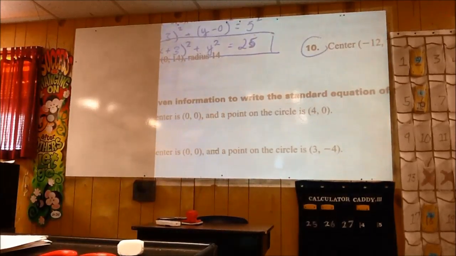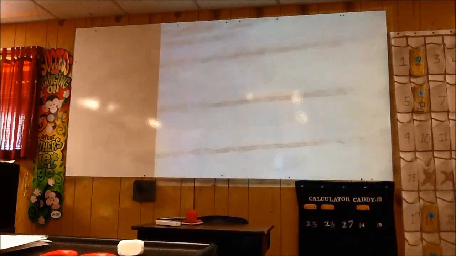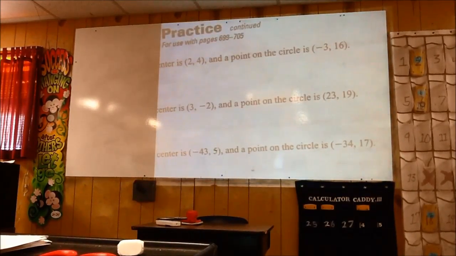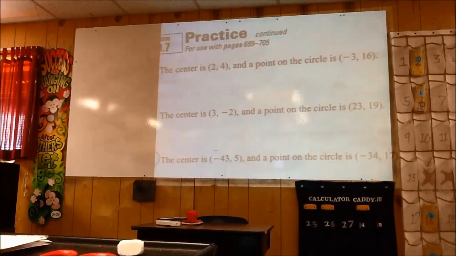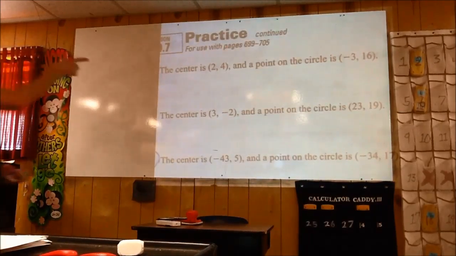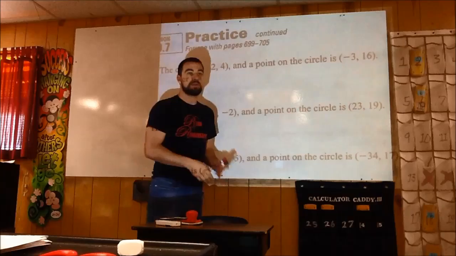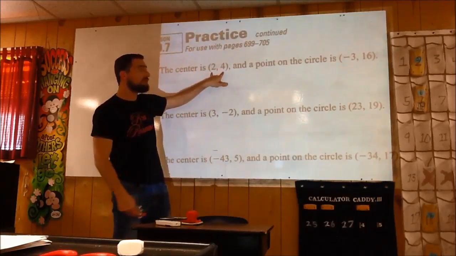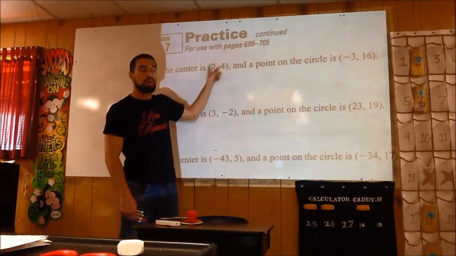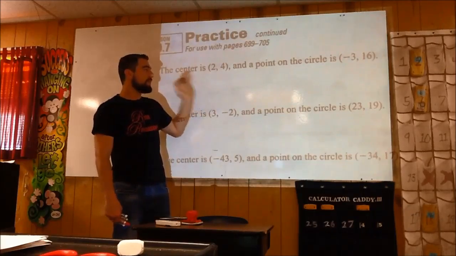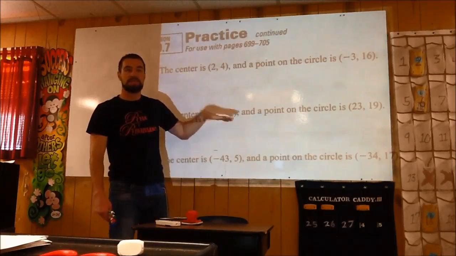Same thing on the next page for number 13. It was the exact same question, just different coordinates for the center and different coordinates for the point that is on the circle. But we have h and k, the coordinates of our center, but we don't have the length of the radius, and so you need to use the distance formula.